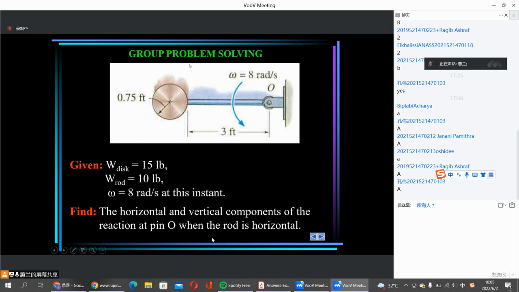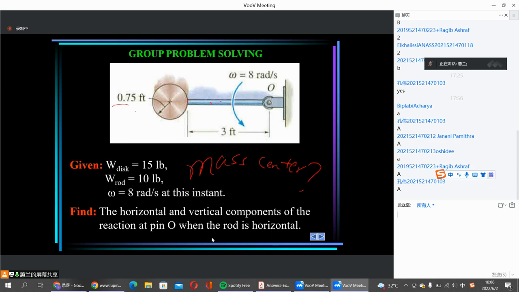Here, one thing: you need to find the mass center for the seesaw. How to find the mass center?